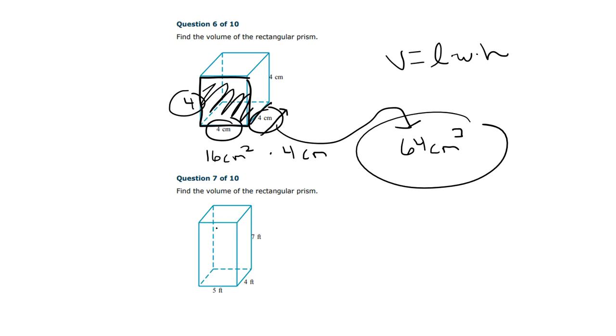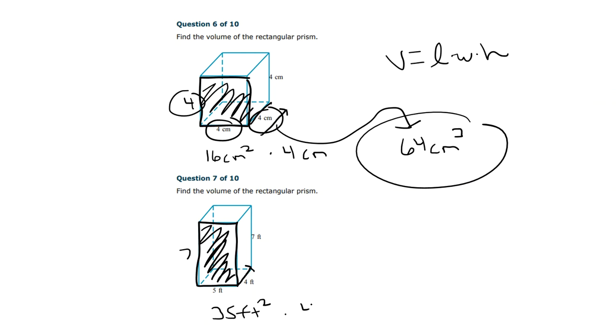Okay, let's look at number 7. Find the volume of the rectangular prism. Okay, so this right here is a rectangle, and it is 5 by 7. So to find the area of this, we do 5 times 7, which is 35 feet squared. And then that is extended through the length of 4 feet.